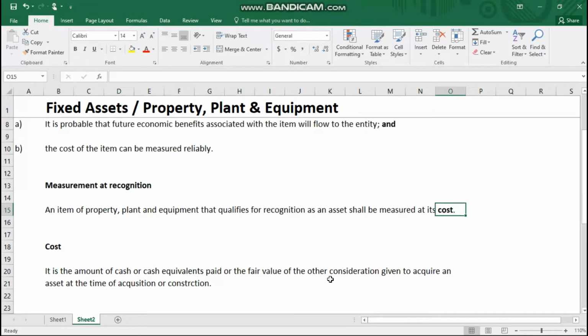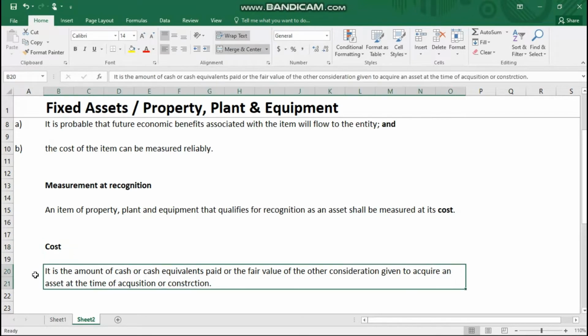If I give you examples of cost, the first thing that comes to your mind should be the purchase price. Okay, we'll see all the elements that will be included in the cost. We'll see that in this video, but first I want you to see the definition, how the cost is defined.